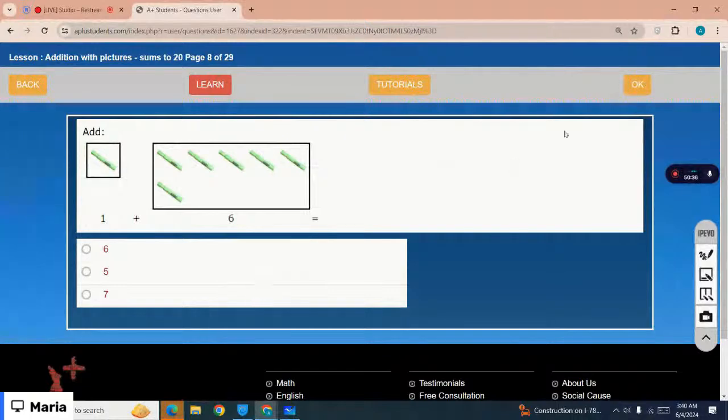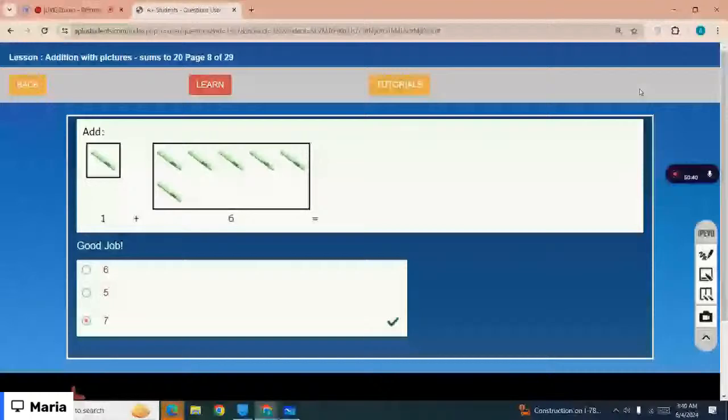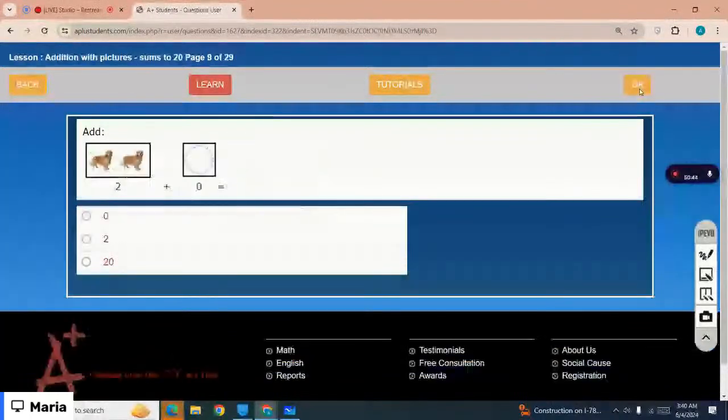The correct option is 7. 0 plus 2. Which is the correct option? Yes, 2 plus 0 is 2. The correct option is 2.